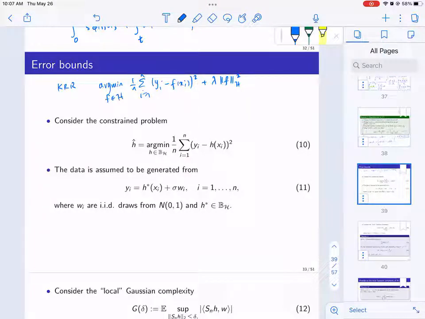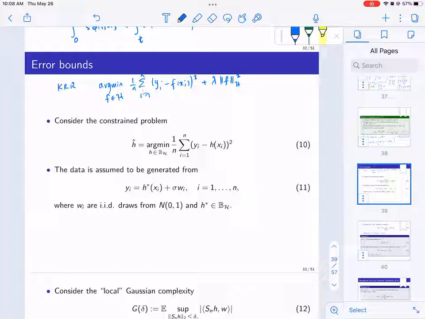So when you try to prove something about this, we can show that if you take, for example, lambda large enough, then f will have Hilbert norm control, let's say less than some constant. Then the problem sort of reduces to minimizing this over a ball of the RKHS.